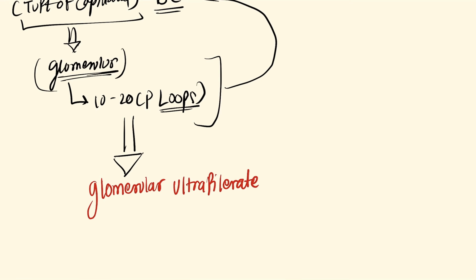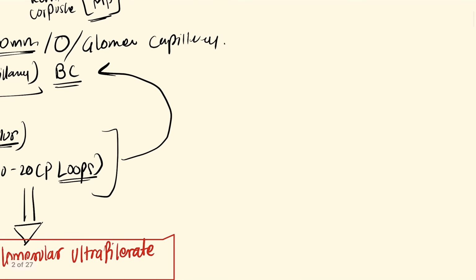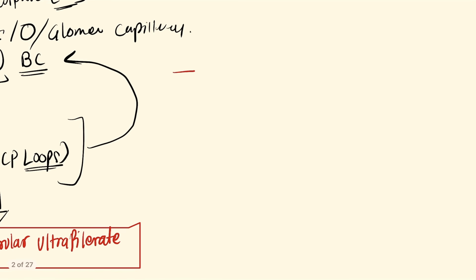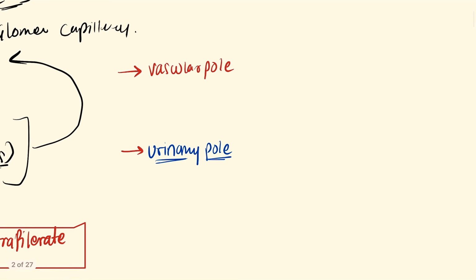This basic structure has two poles. The first pole is the vascular pole, and another pole that you get to see is the urinary pole.